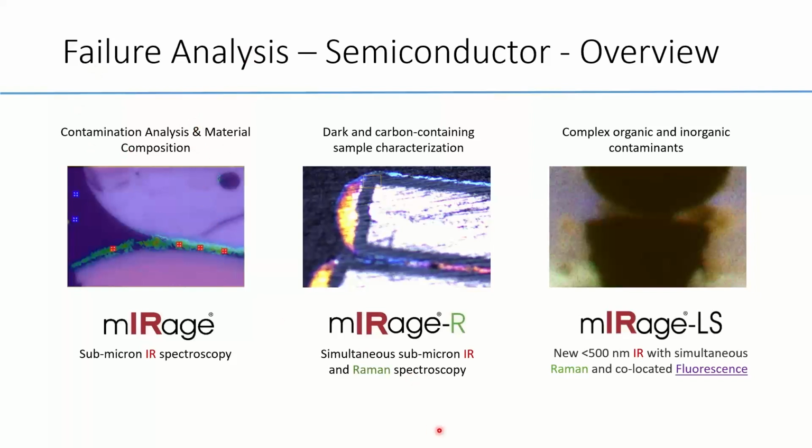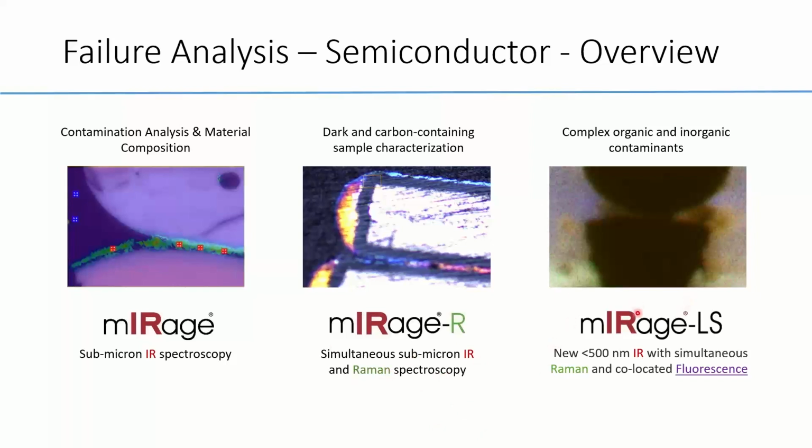If your sample is likely to have carbon-containing components, of course, that's where Raman shines. That's really where the true complementarity is exploited, because Raman is really good for maybe aromatics or dark or carbon-containing components. So with the addition of Raman, you've got those bases covered as well, and that's the Mirage R platform.